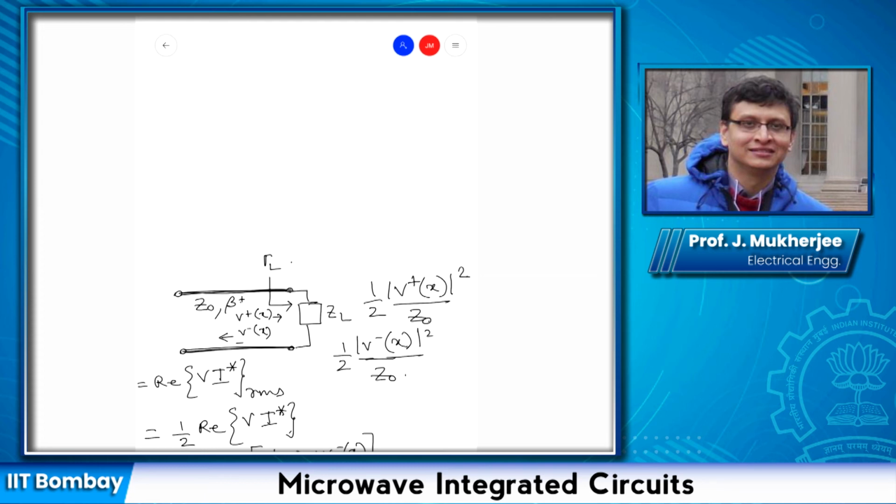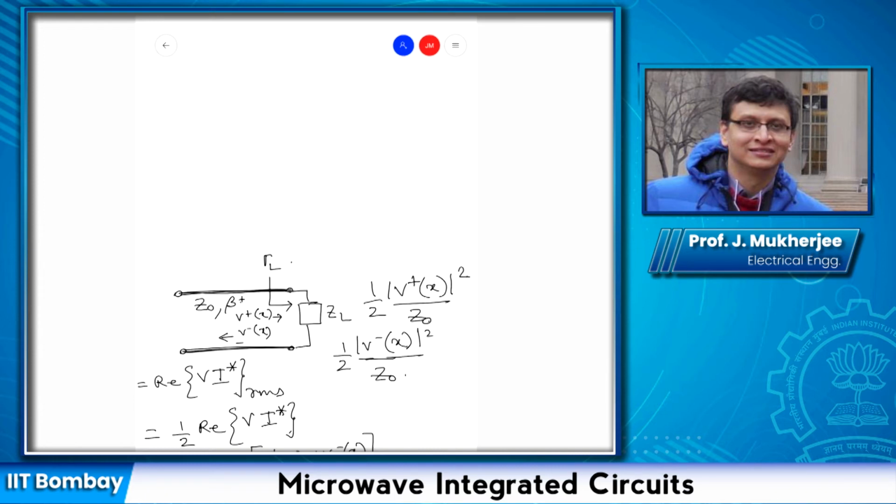Before going into the derivation, I want to reiterate this, that in microwave engineering, we consider power to have a direction of flow. Not that power is a vector quantity, but power flows in a particular direction.